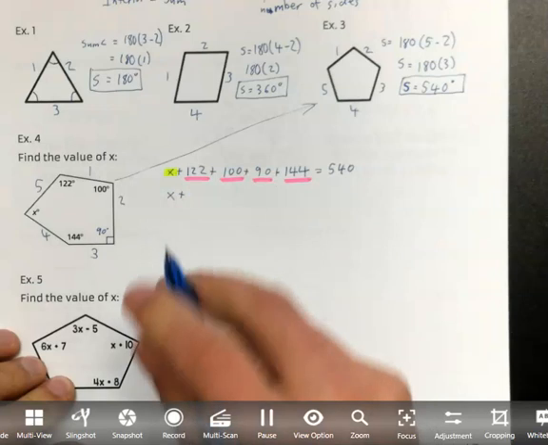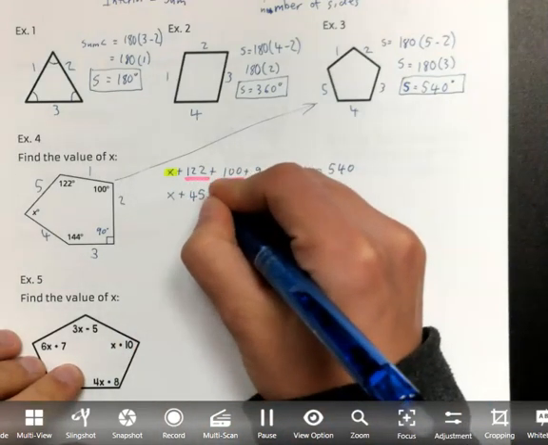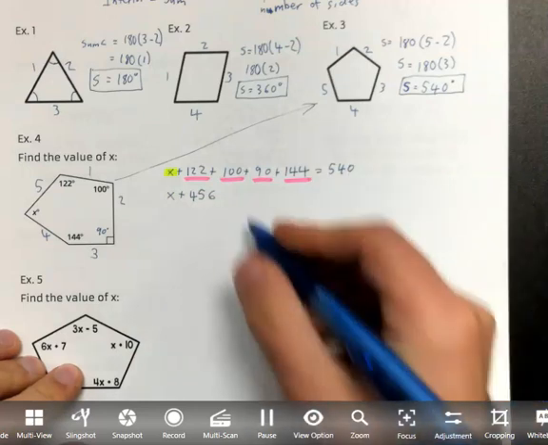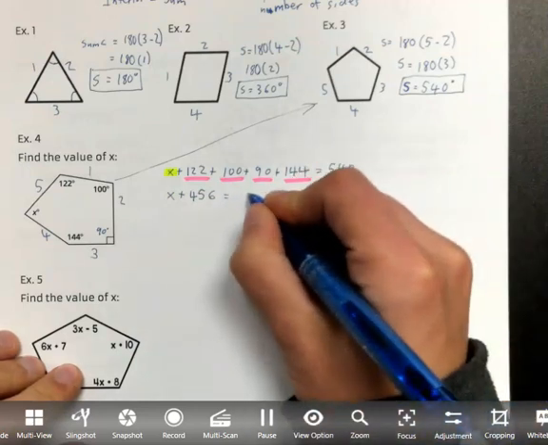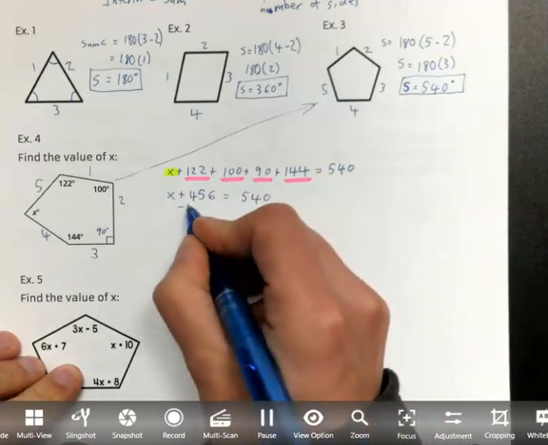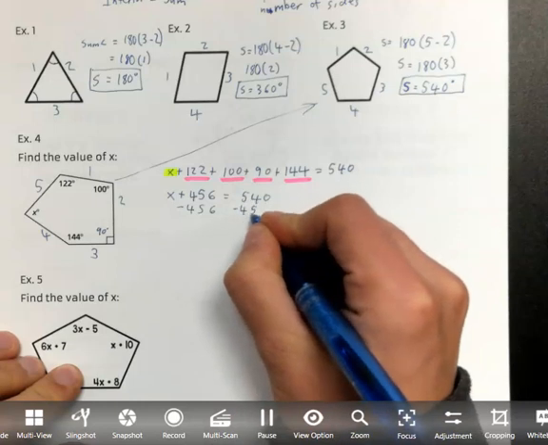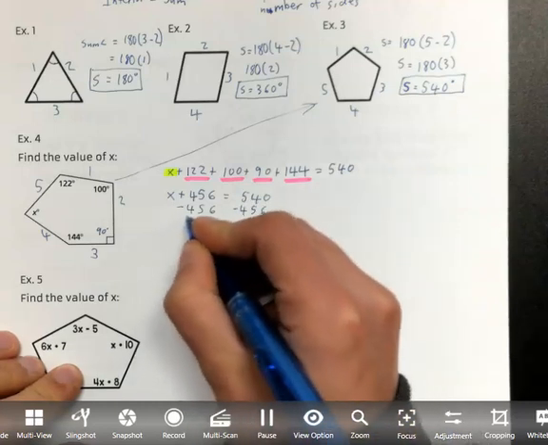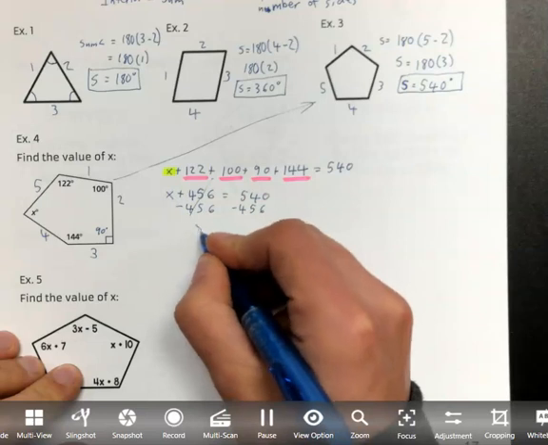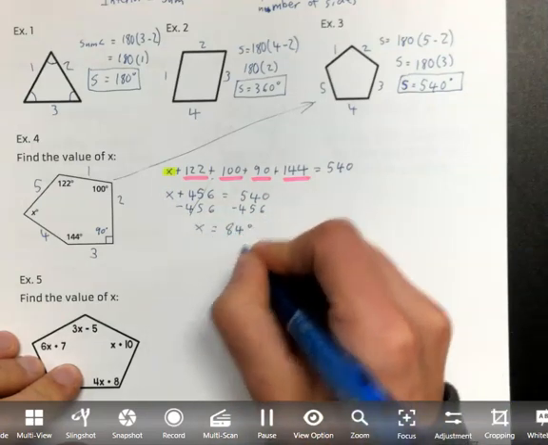So x plus, add them up, we get 456 is equal to 540. All right, now I want x by itself, so I have to subtract that 456 from both sides. That cancels out, and we get x is equal to 84 degrees.